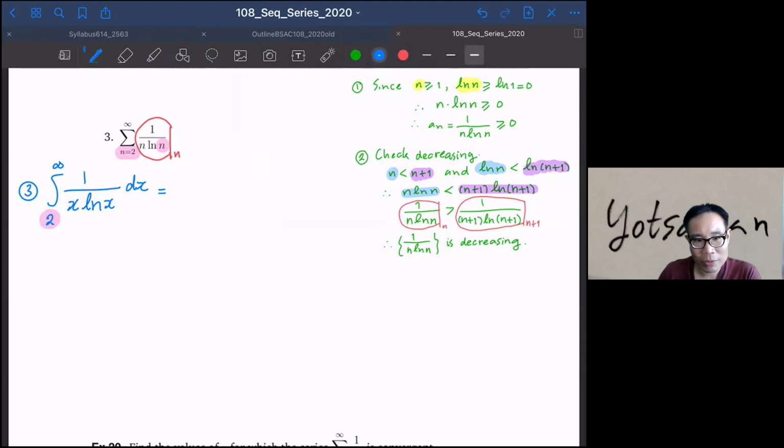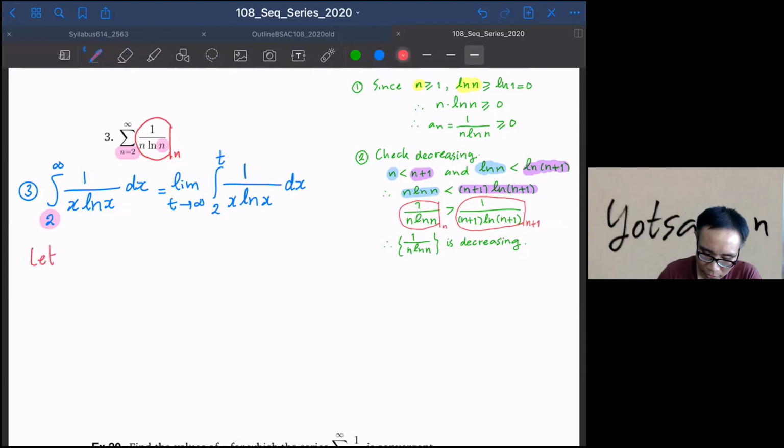I'm going to give you the complete solution during the recitation. This turns out to be the limit as t goes to infinity, from 2 to t, of 1 over x log x dx. You're just going to use the substitution, letting u be log x, and you complete this to see whether you get convergence or divergence. We're going to complete this during the recitation.